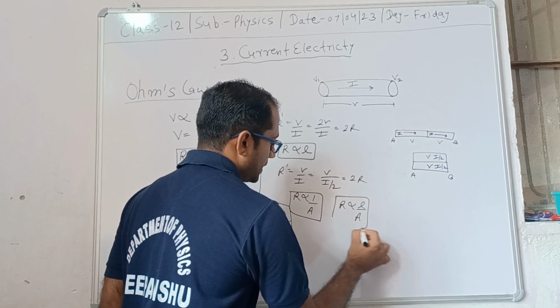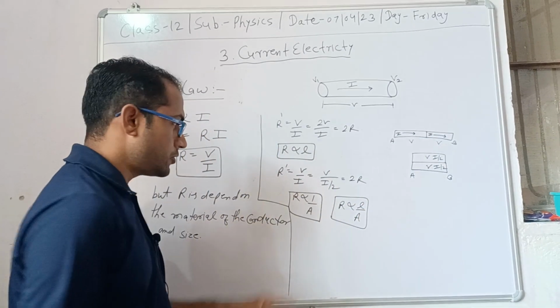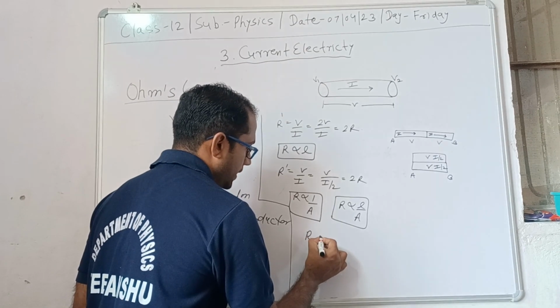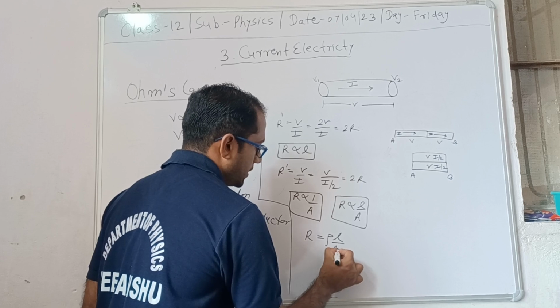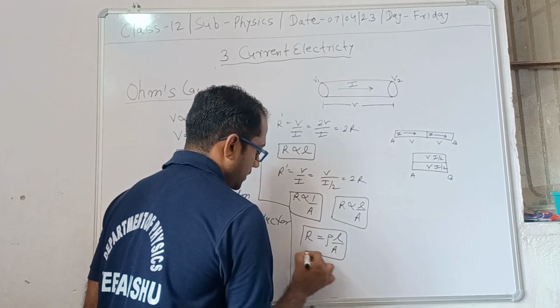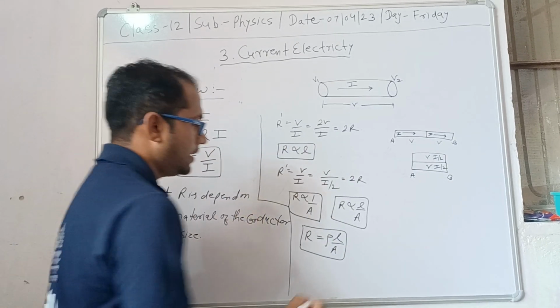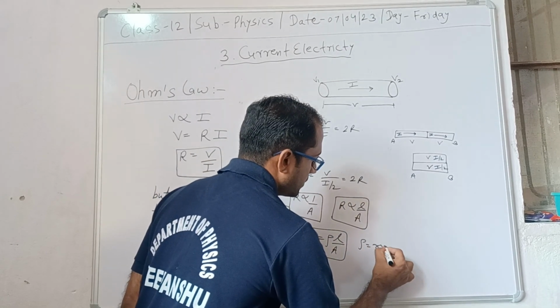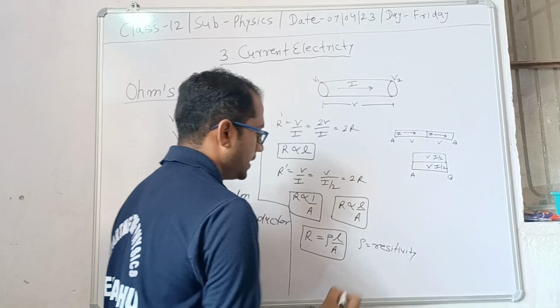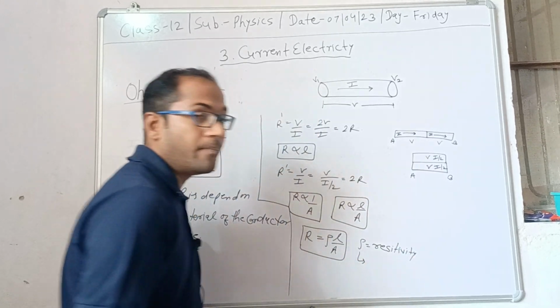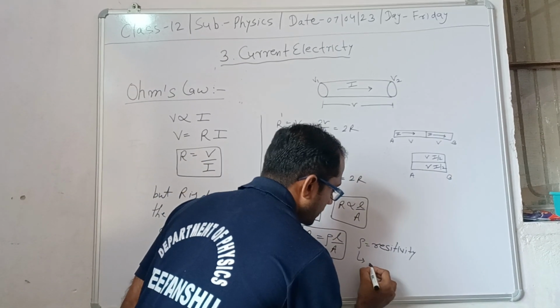If we remove the proportional sign, we put a constant here, and this constant is rho, which is resistivity. Rho is resistivity, and it depends on the material of the conductor.